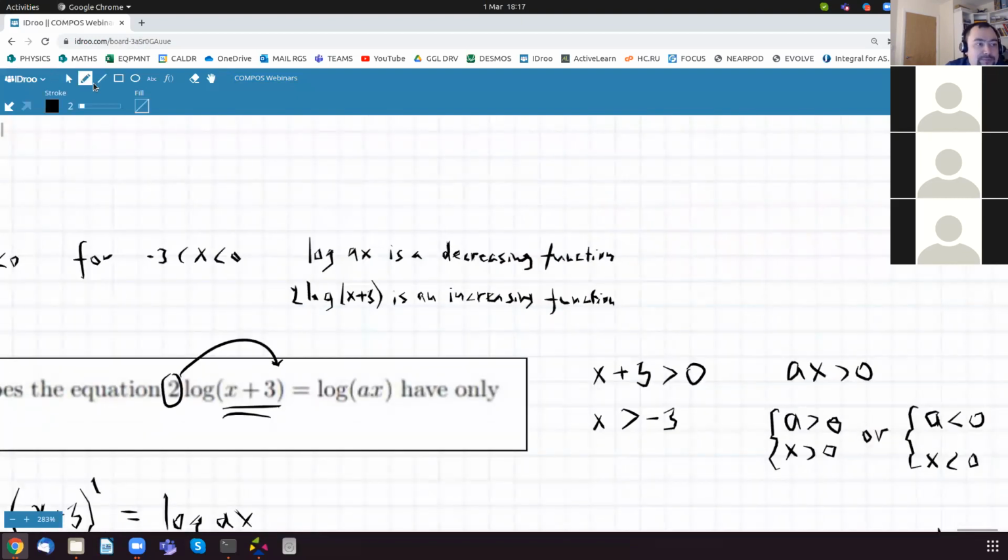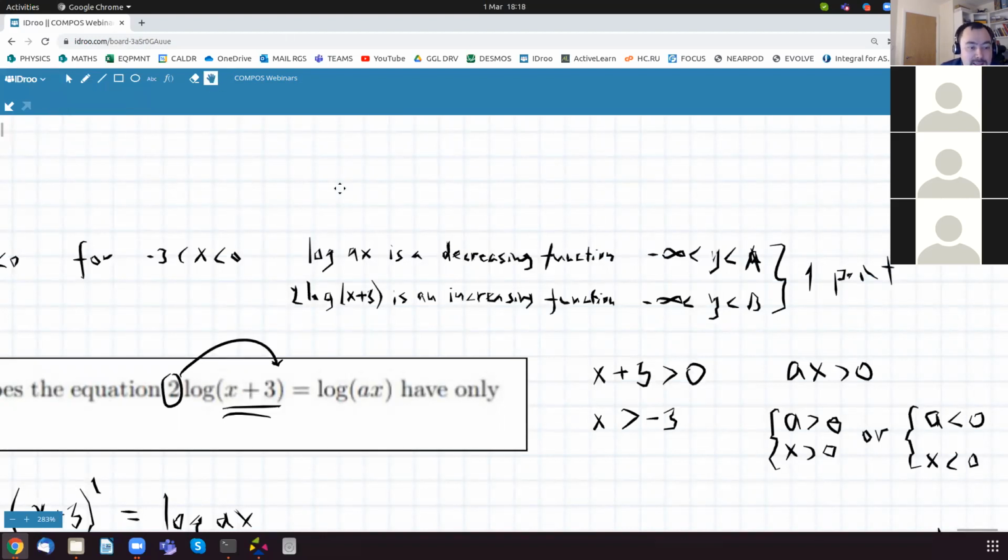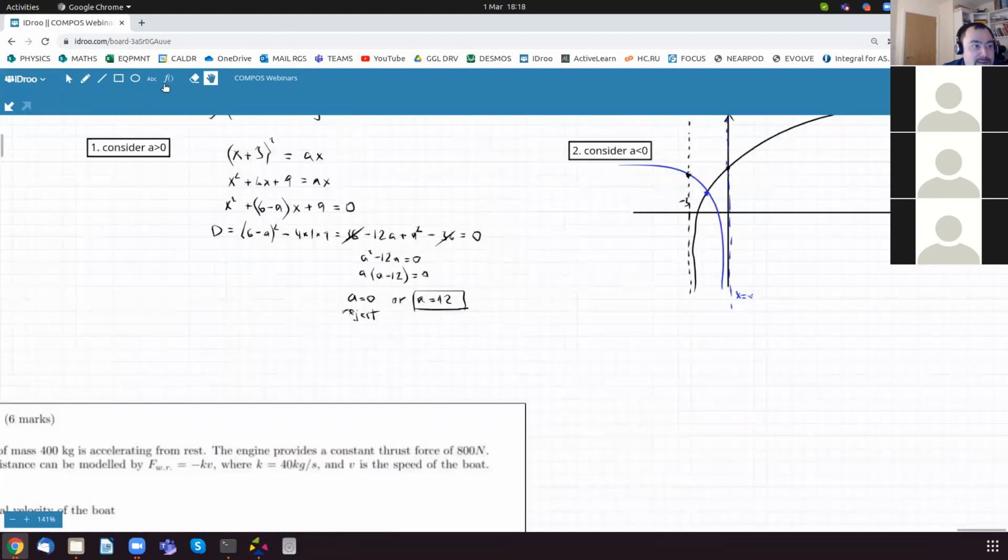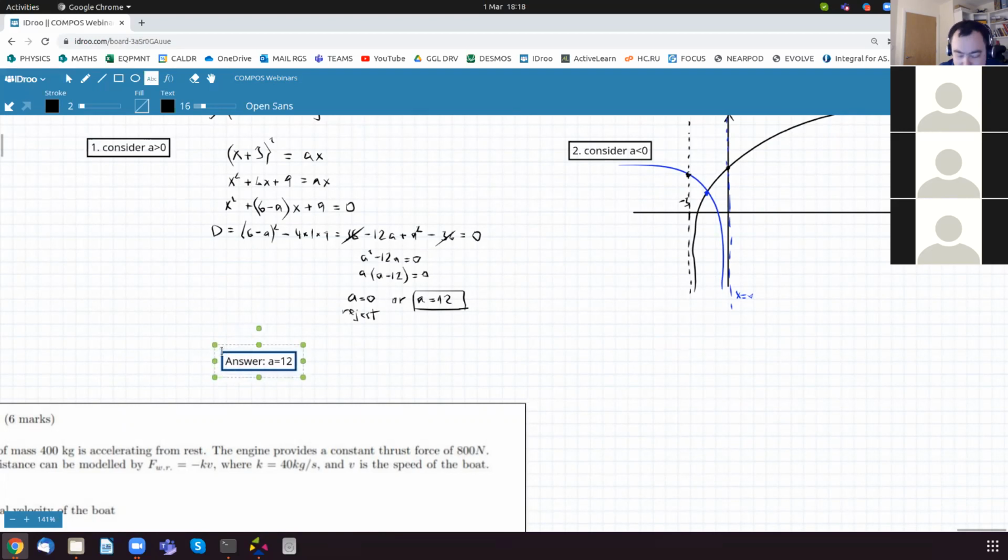Increasing function from -infinity to a fixed value, let's call it a, and a decreasing function from -infinity to a fixed value, let's call it b, and that means one point of intersection. And therefore the answer is a equals 12, or a is less than 0.